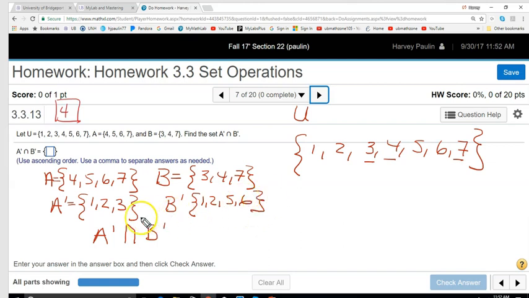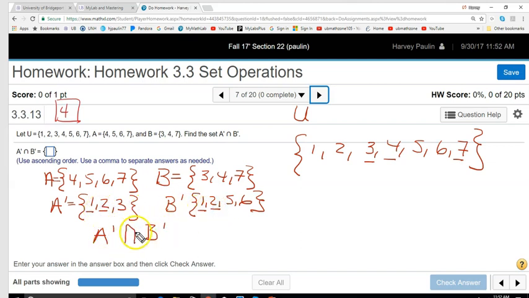Now you're looking for the intersection of these complements. So which is found in both? Well, 1 is found in both. 2 is found in both.